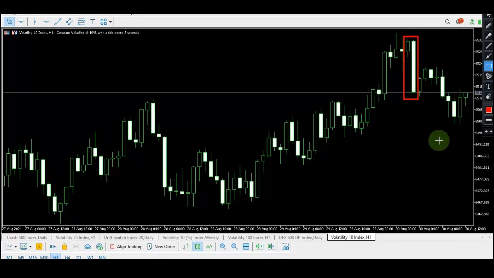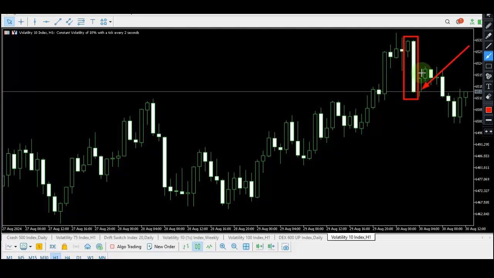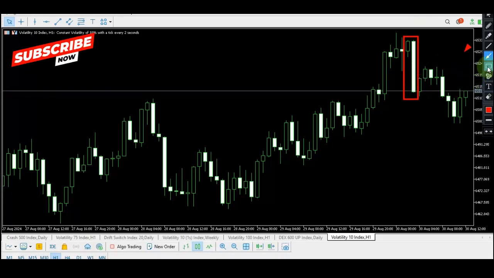You can see this candle closed far lower than the previous candle. You can see this one, long one, it closed lower than this previous candle. This is a typical engulfing candlestick. We are identifying them now, remember.